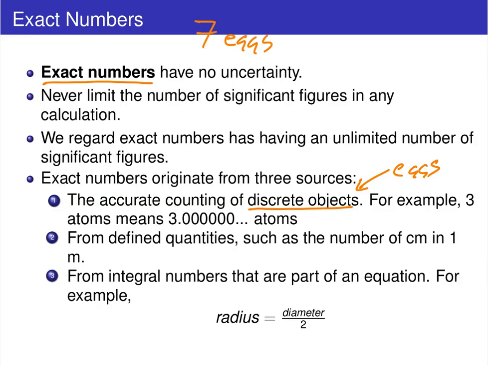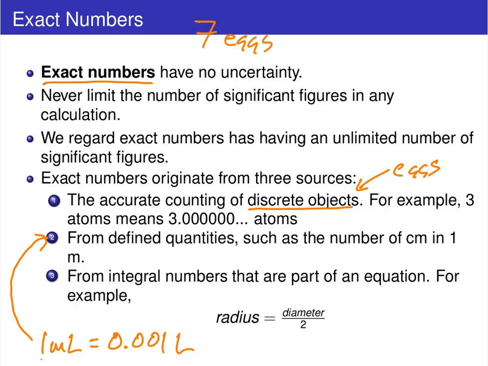Another place where we can get exact numbers is from defined quantities. So remember, we just talked about the example that if we have 1 milliliter, that is equal to 0.001 liters. Okay, this is a defined quantity.